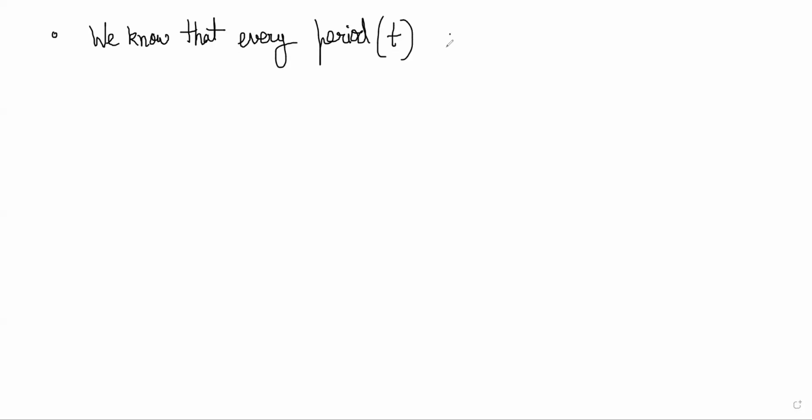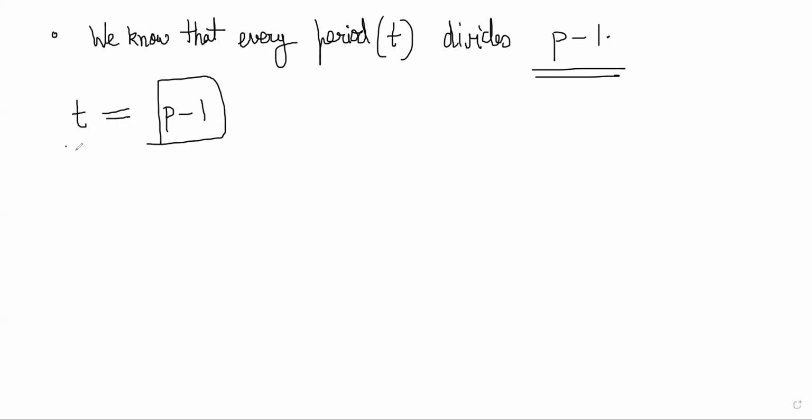Now, another follow-up from there. We know now that every period, let's say that is t, divides p minus 1. There are interesting elements where the period t is equal to p minus 1. The period t could be smaller than p minus 1, but the interesting elements are those where the period is equal to p minus 1.